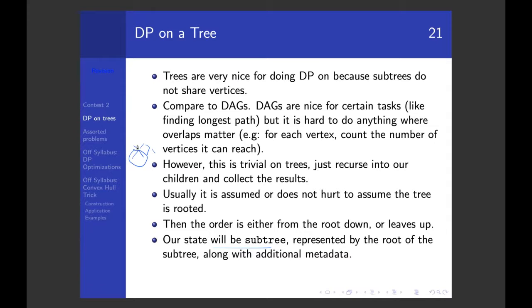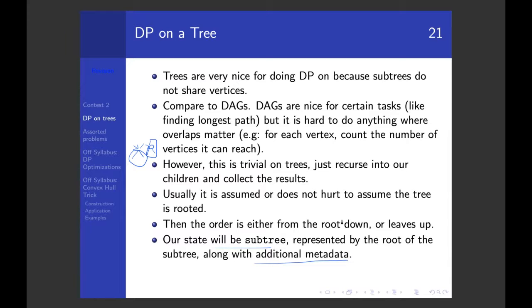So generally in tree DP problems, if I say DP of a node, I mean DP of the subtree that node is a root of. The DP of this node over here is DP of this subtree. But yeah, it's much easier both in code and conceptually to think of subtrees by their root node, so we do that. We might store some extra metadata.